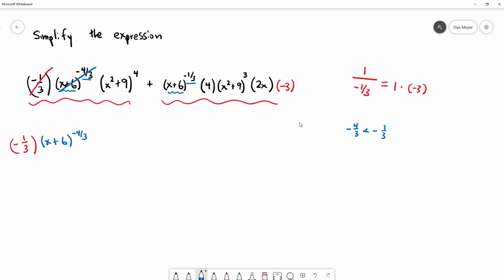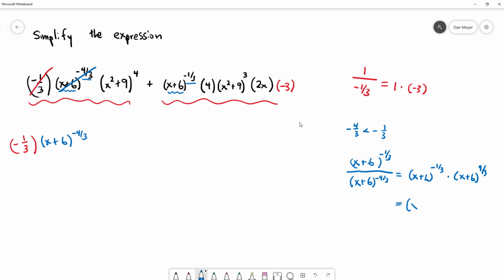Now, remembering that factoring out is similar to division, when I factor out the x plus 6 to the negative 4/3 from the second expression, I'm effectively taking x plus 6 to the negative 1/3 divided by x plus 6 to the negative 4/3, which is the same as x plus 6 to the negative 1/3 times x plus 6 to the 4/3. That's some properties of exponents.